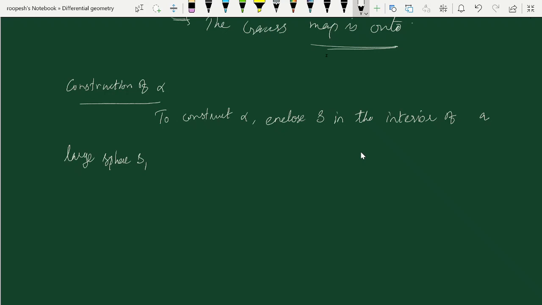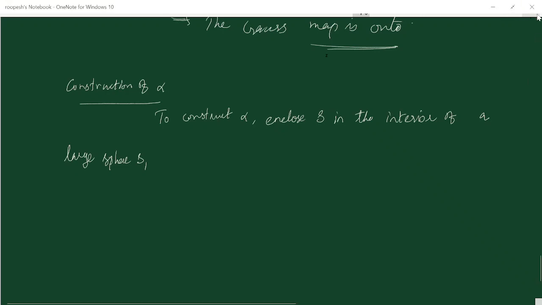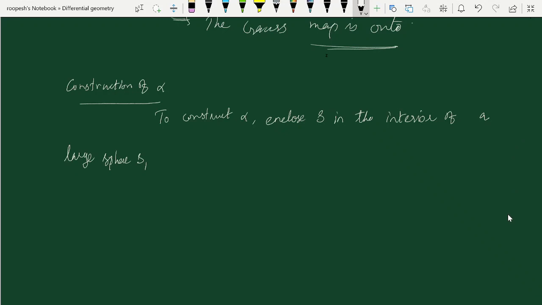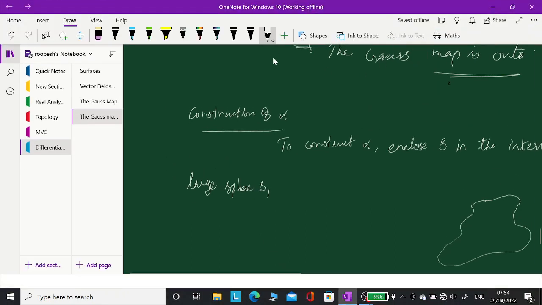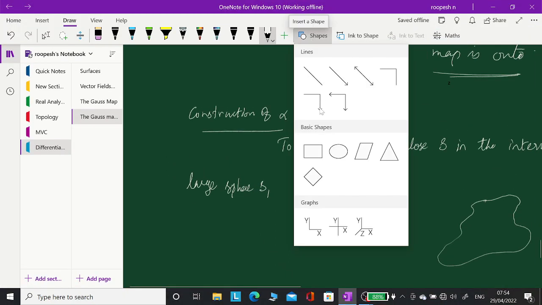So what we are going to do is, first we have a surface S. Let me draw a surface here. So this is my surface S. Now I want to enclose this inside a sphere. Such a sphere exists since S is a compact one, right?